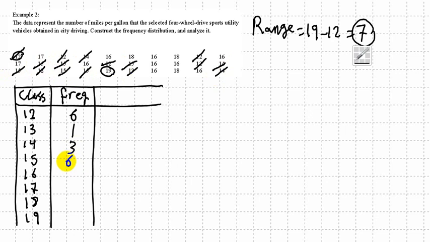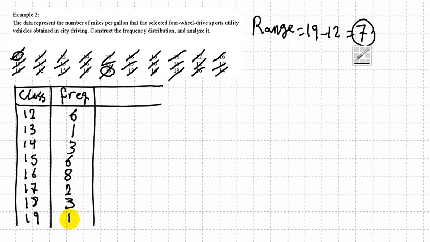16, 1, 2, 3, 4, 5, 6, 7, 8. 17, 1, 2, only 2 times. 18, 1, 2, 3. 19, only 1 time.